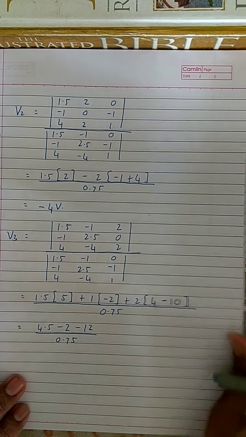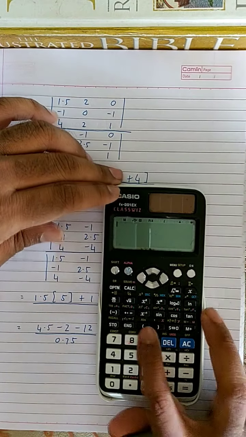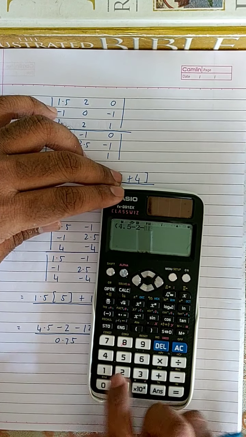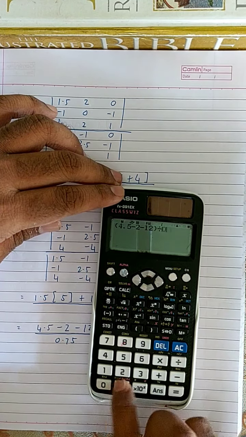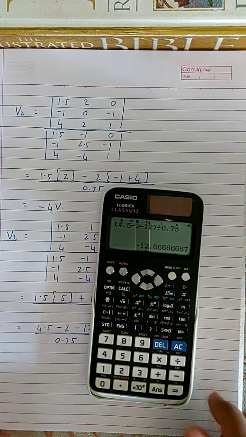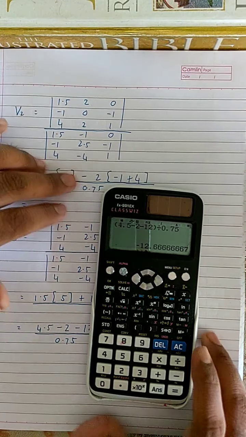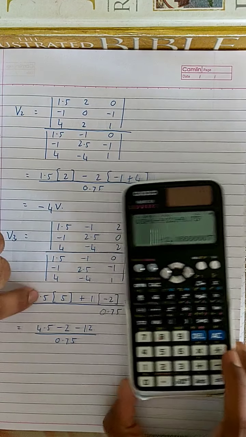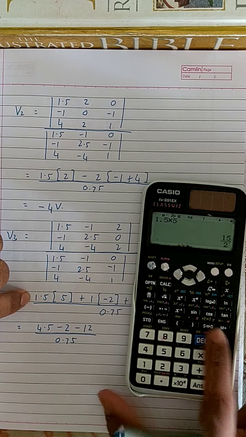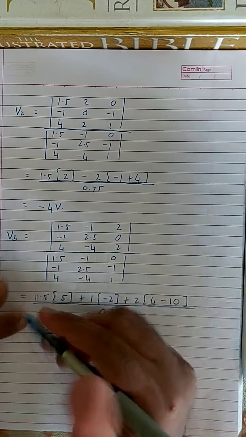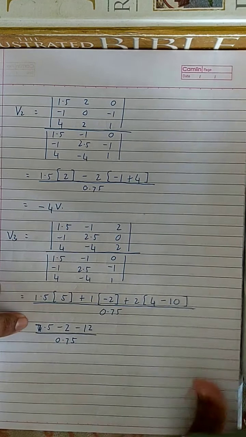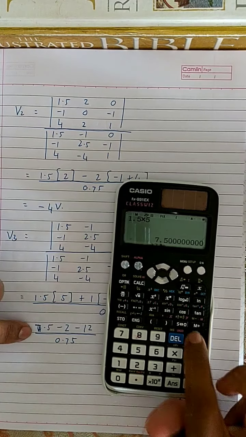So therefore the answer is, let me see, 4.5 minus 2 minus 12 divided by 0.75, and you will get, let me check if I made a mistake in there. 1.5 into 5 is, sorry, I made a mistake. 1.5 into 5 is 7.5, not 4.5. 1.5 into 3 is 4.5. This is 7.5.